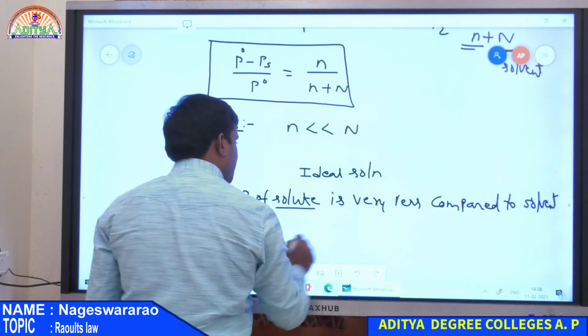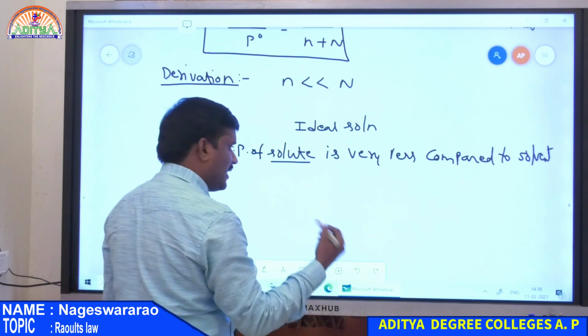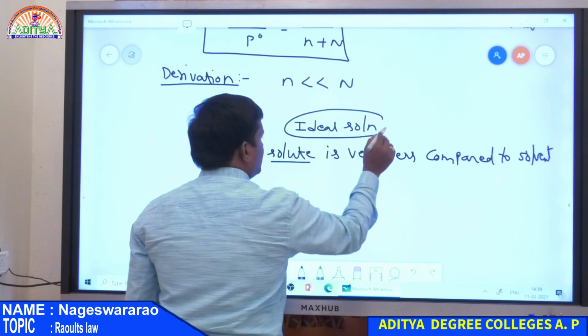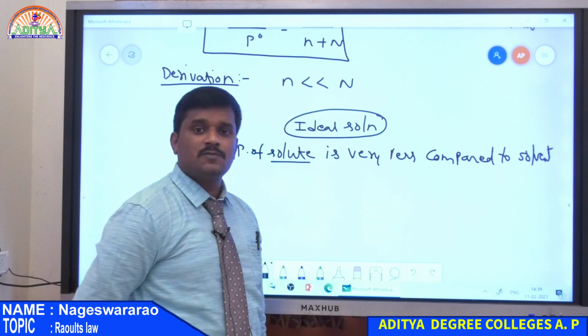Therefore the vapor pressure of the solvent is very high compared to the solute, and hence in this solution the pressure of the solvent is exactly equal to the pressure of the solution.